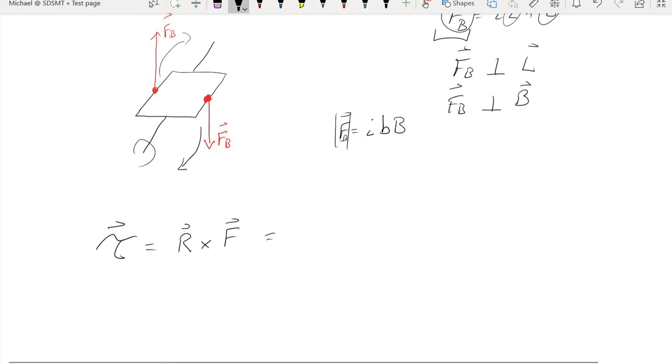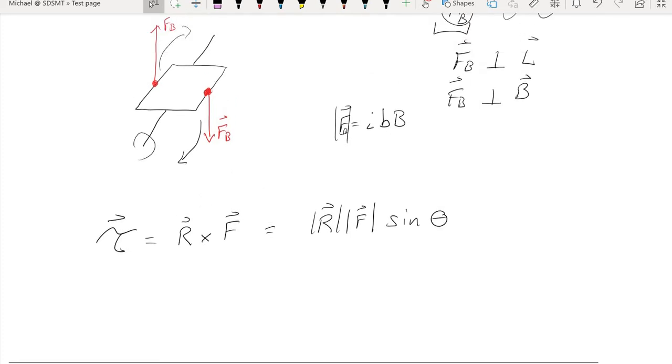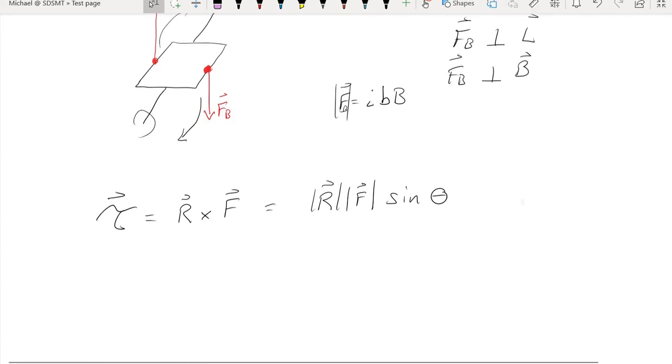And this means that we can evaluate using another cross product evaluation. In this case, the angle will be the angle between the radial vector and the force vector. Well, where's the radial vector? I can see the force vectors in the diagram, but where's the radial vector?